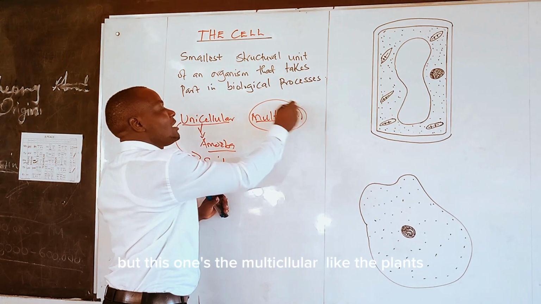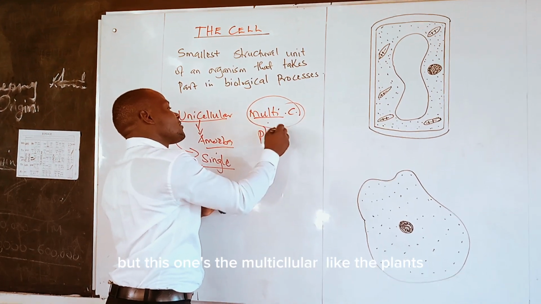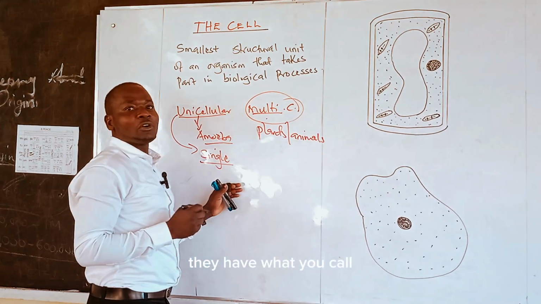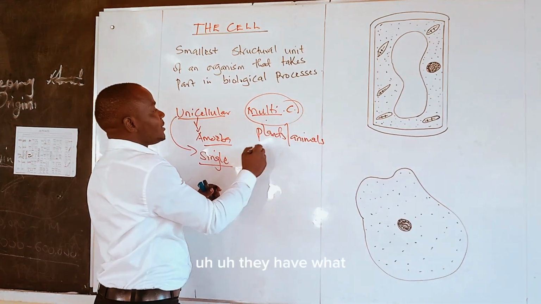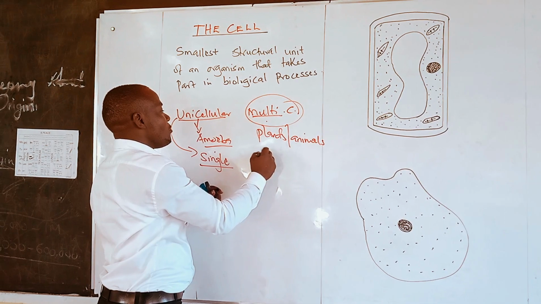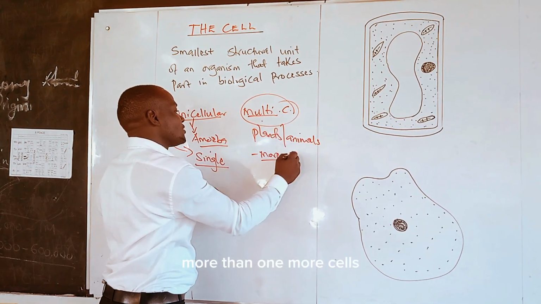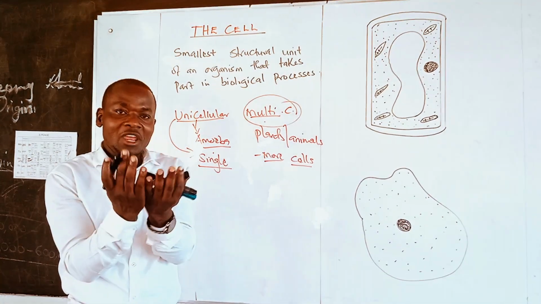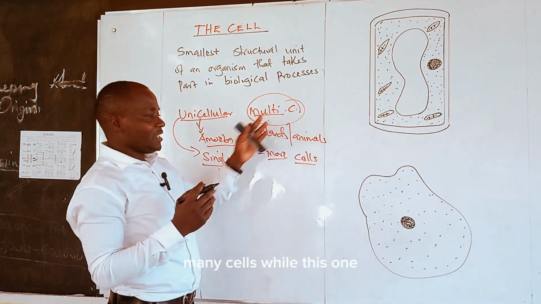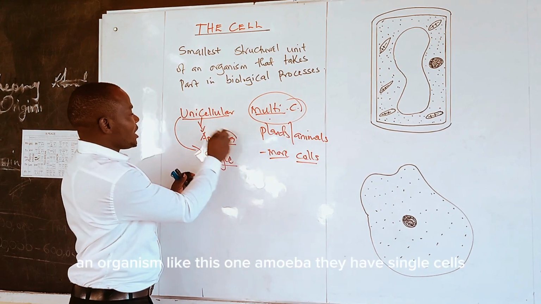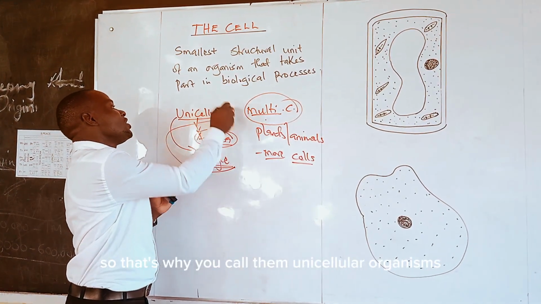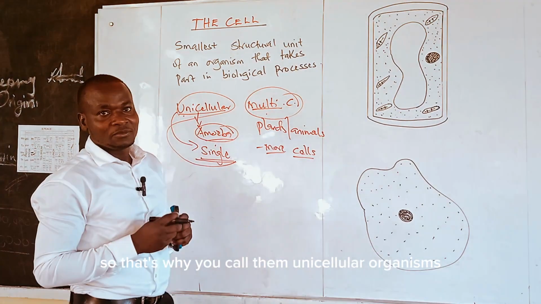But the multicellular ones, like plants and animals, have more than one cell. That's why we call them multi, meaning many. They have so many cells, while an organism like amoeba has a single cell. That's why we call them unicellular organisms.